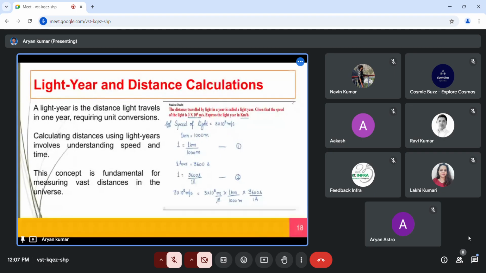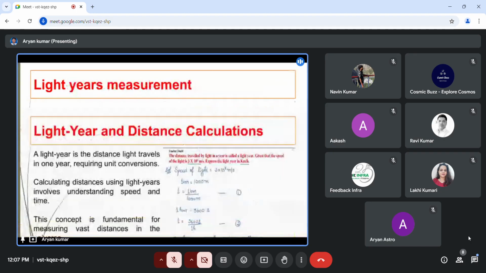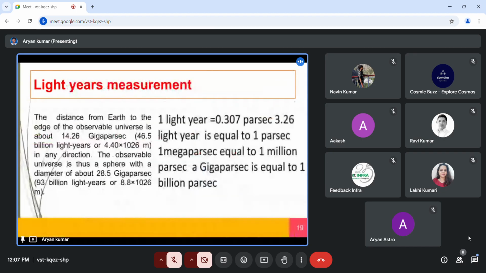So, light year measurements. The distance from the Earth to the edge of the observable universe is about 14.26 gigaparsecs, or about 46.5 billion light years. In any direction, the observable universe is a sphere with a diameter of about 28.5 gigaparsecs.